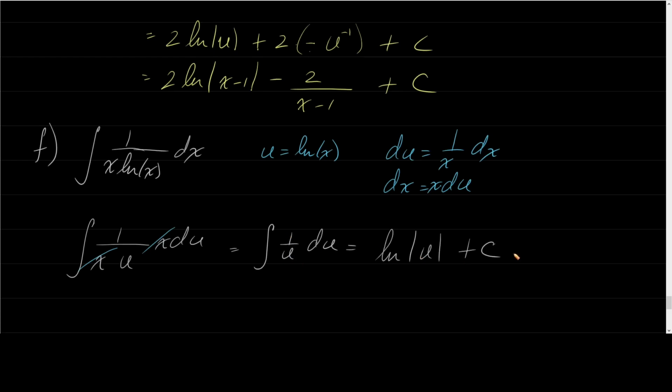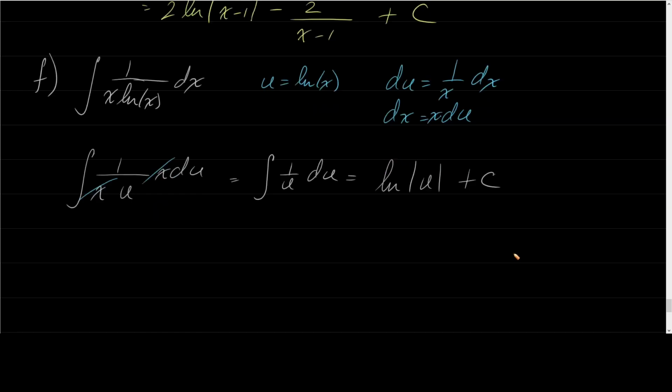But again, the problem was not about u. The problem is never about u. It was about x over here. So what we can say now is that this becomes ln of the absolute value of ln of x plus c. And that would be the final answer.